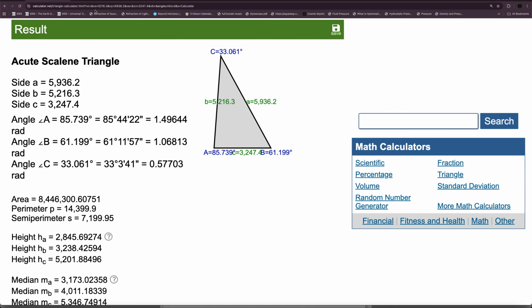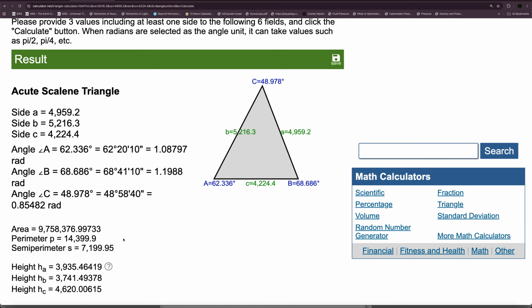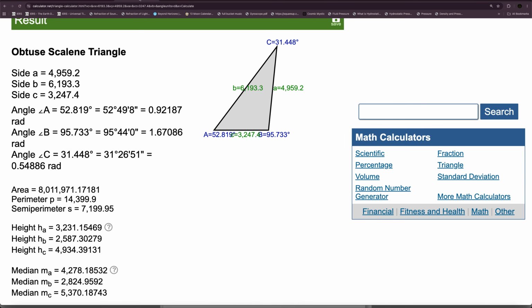So then I did it with the next side. I took it off of that side and added it to the next side. And the perimeter is the same, 14,399.9, but the area is increased, it's 9,758,376.99. And then I did it with the third side.